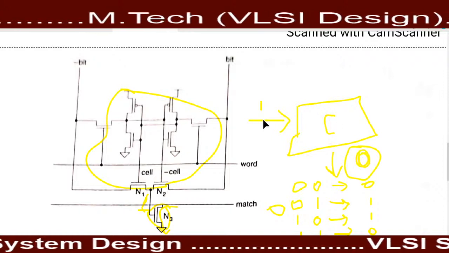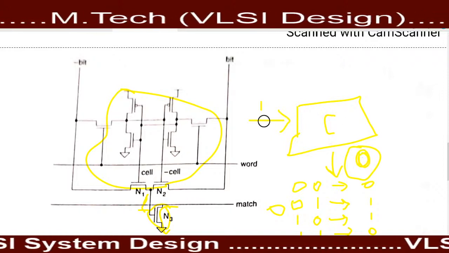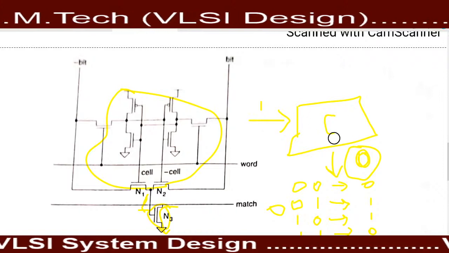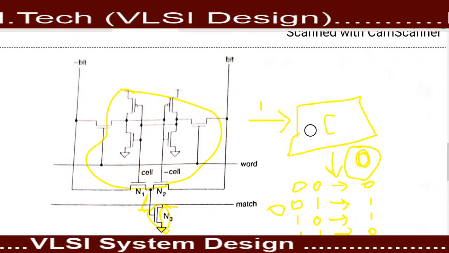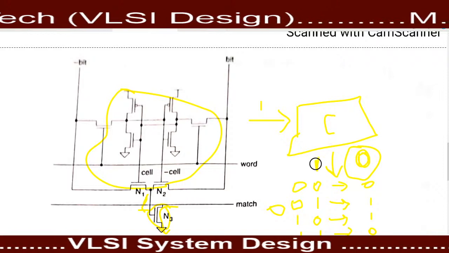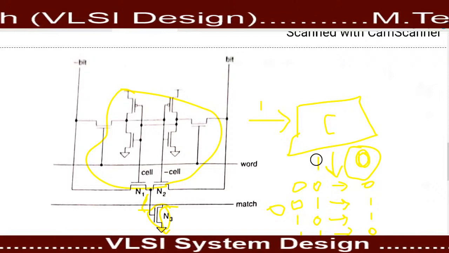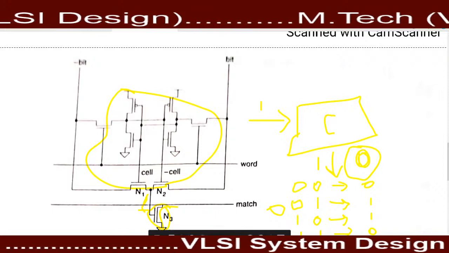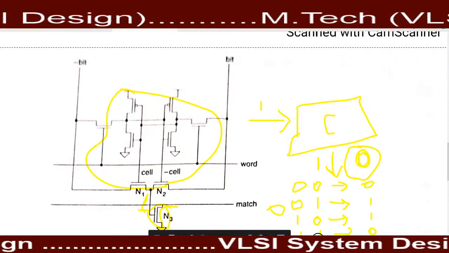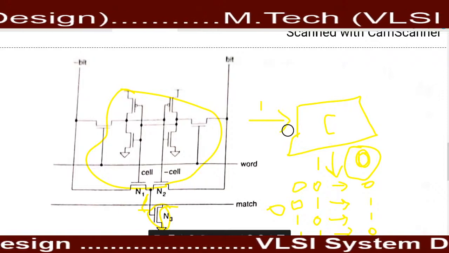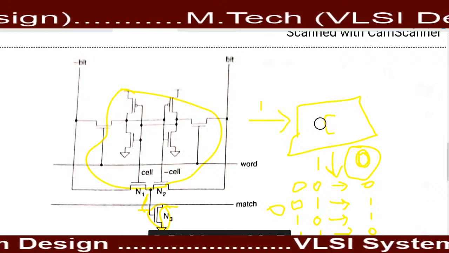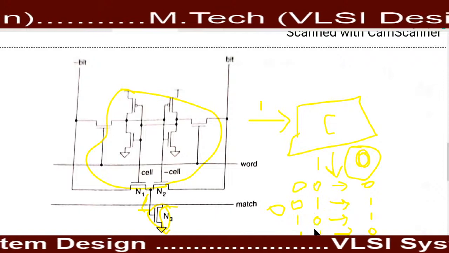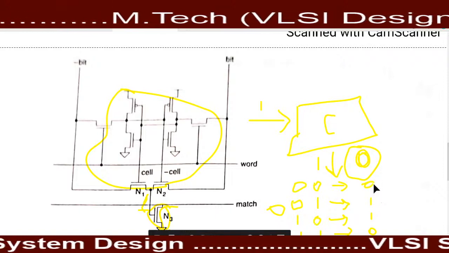And if the input of this CAM memory and the data stored in the CAM memory are matched, the match signal will be active. Suppose we consider the first and last conditions: here both inputs are 0 and here both inputs are 1. It means that the data provided and the data already stored are matched, so at that time the output will be 0.